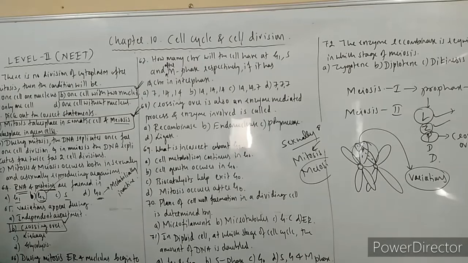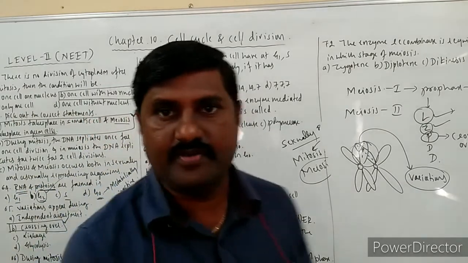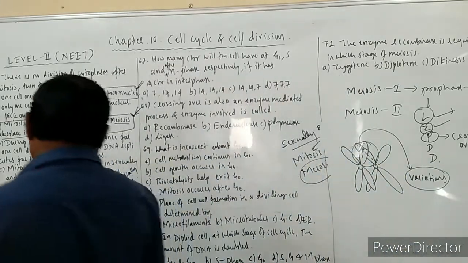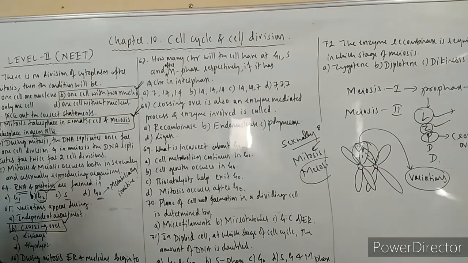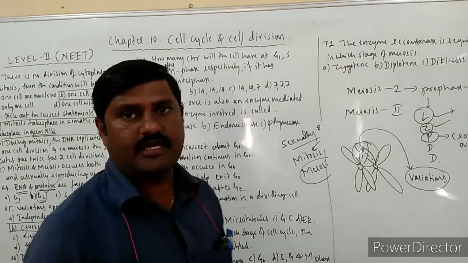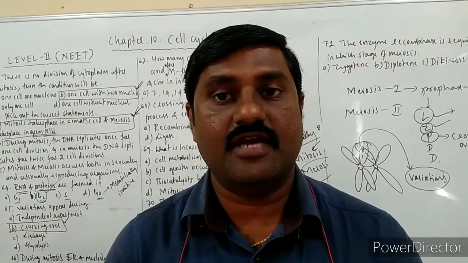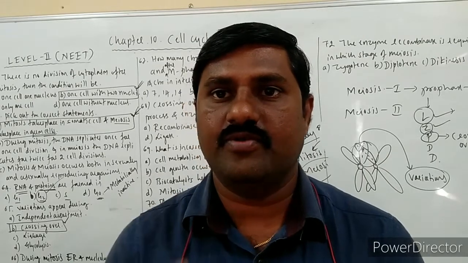Next one: during mitosis, endoplasmic reticulum as well as nucleolus begin to disappear at, right? During mitosis, the nucleolus, nuclear membrane as well as some of the cell organelles start to disappear. Options: early metaphase, late metaphase, early prophase, late prophase. See here, the nuclear membrane as well as the nucleolus start to disappear in the late prophase stage.